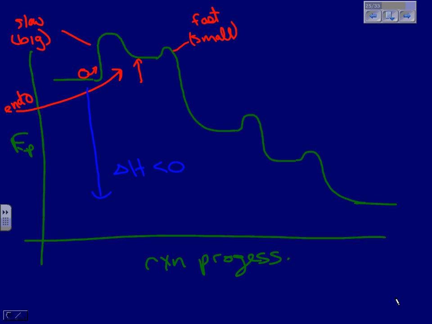And then in this case, you'll notice this reaction here is exo, right? So that's delta H negative. Again, here we've got delta H negative, and again, delta H negative. All right? Okay. So again, it's kind of just a sketch.